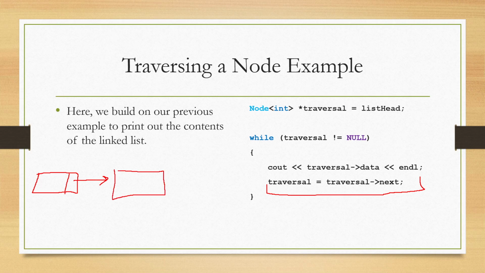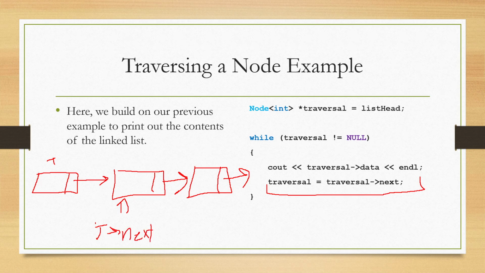So let's say I have this. I'm currently in traverse, so I'm just going to call this T. And I want to go to T next. This is technically T next.